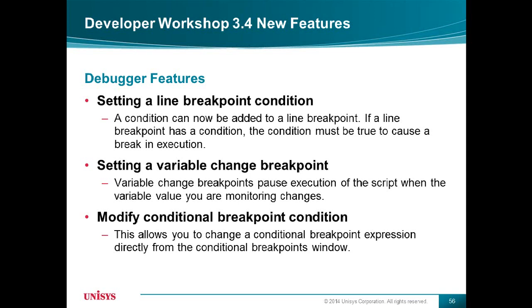And you can also change the conditional breakpoint expression directly from the conditional breakpoint window. So we can always change the conditional breakpoints directly from the conditional breakpoint window when it's available, giving the user a way to change the conditions at runtime. For instance, I have an incremental variable at 10. I want to increase it to 20 so that I can keep a breakpoint when the variable is 20.